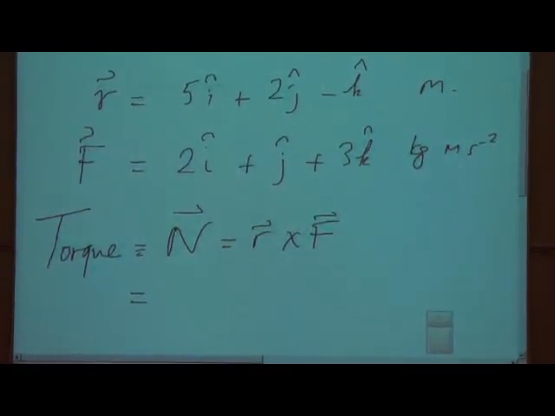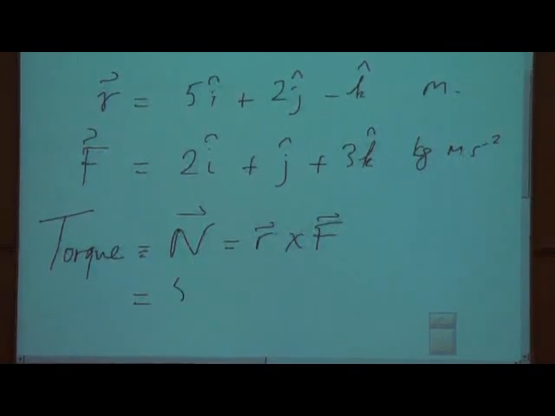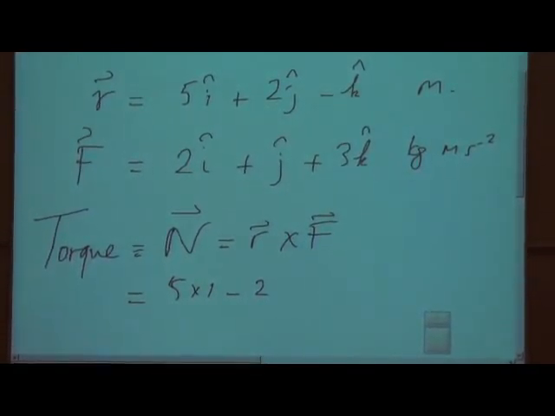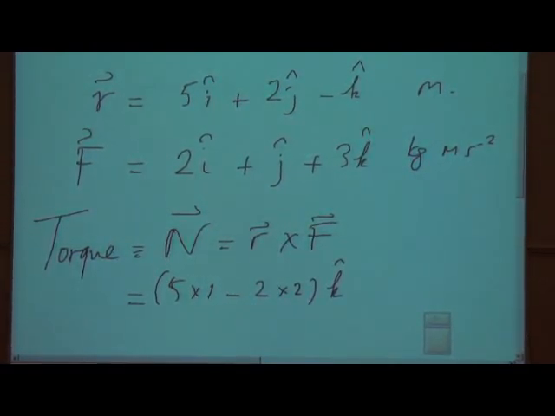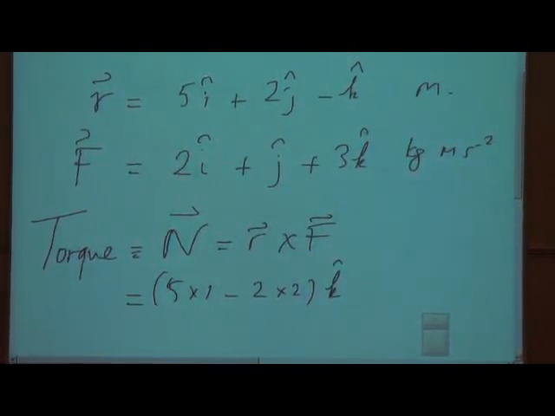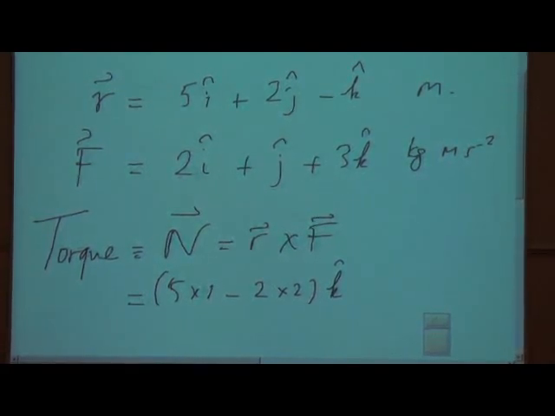Okay? It's 5 times 1 minus 2 times 2 K. Okay? Let me continue. I have 2J cross 2I, is what? JI, wrong alphabetical order, minus 4K, right?